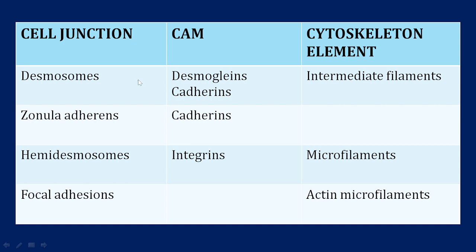The first one, desmosome, is made up of desmogleins, which function as intermediate filaments in the cytoskeleton. Next is the zonula adherens, made up of cadherins, and hemidesmosomes, made up of integrins. It is present in the microfilaments. These microfilaments form the cytoskeleton of the cell.